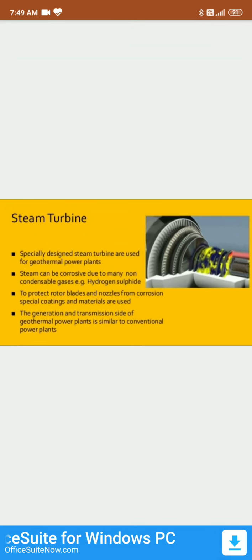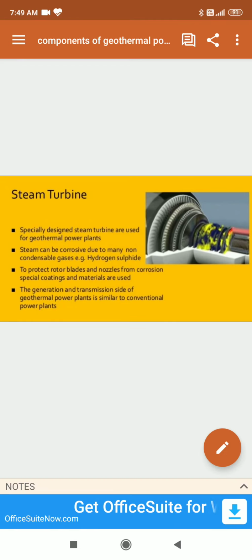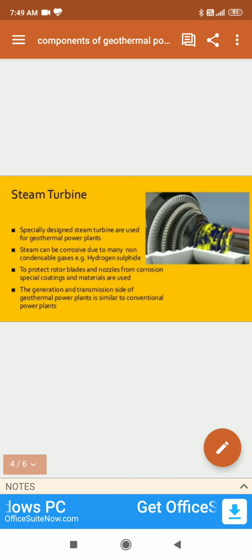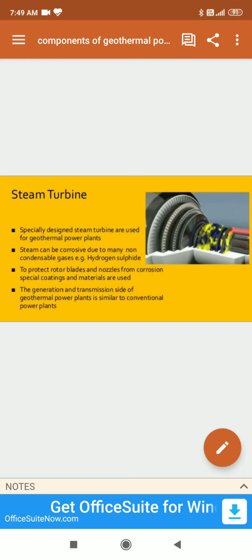That generator is used to convert the mechanical work into electrical work. Steam can be corrosive due to many non-condensable gases, for example hydrogen sulfide and ammonia, which may exist in the steam. The separator does not separate these gases 100%. To protect rotor blades and nozzles from corrosion, special coatings and materials are used.